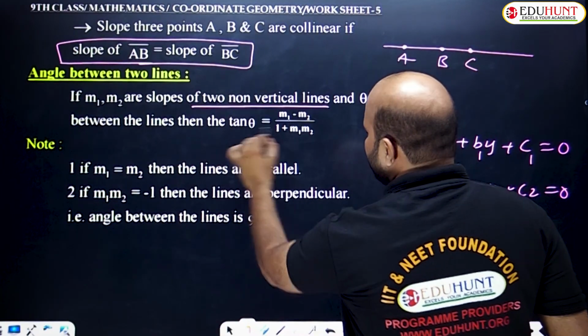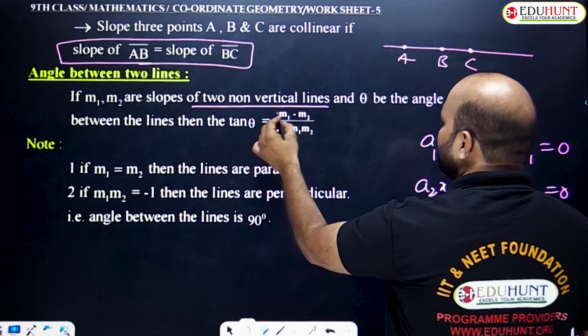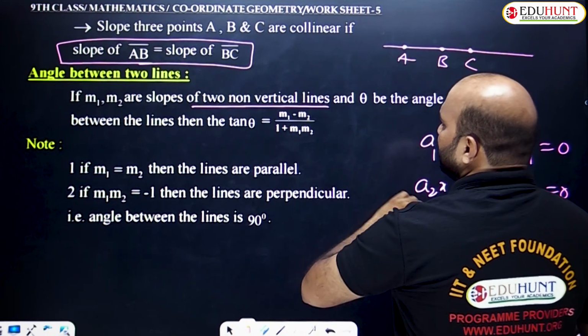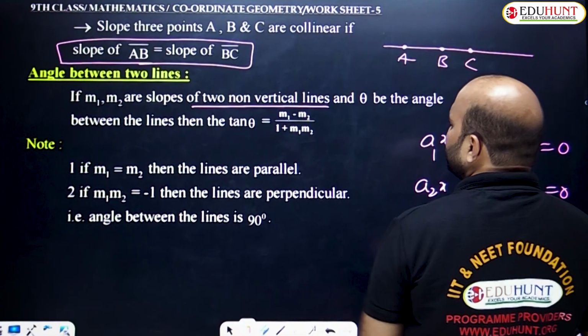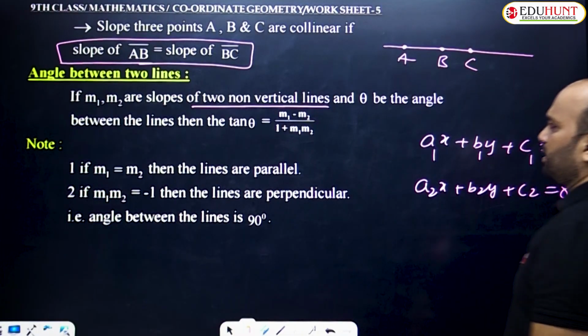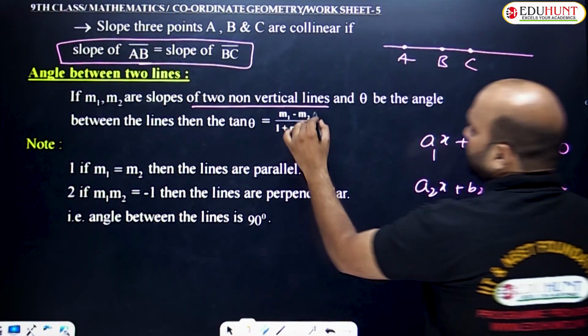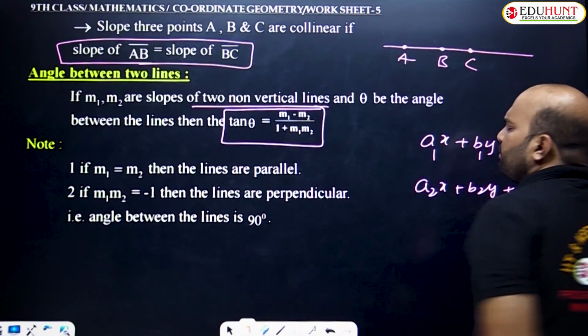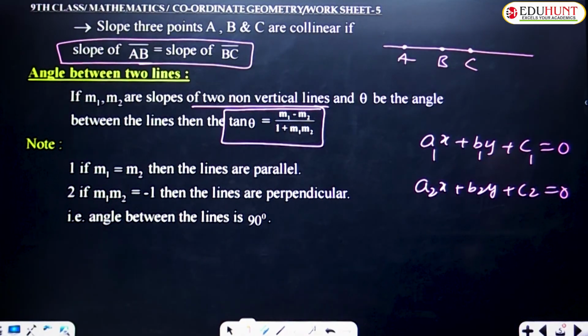Then tan theta equals m1 minus m2, where m1 is the slope of the first non-vertical line and m2 is the slope of the second. So what is the formula? Tan theta equals m1 minus m2 by 1 plus m1 into m2.